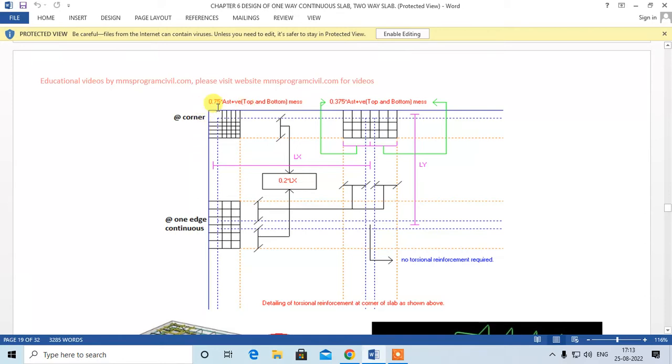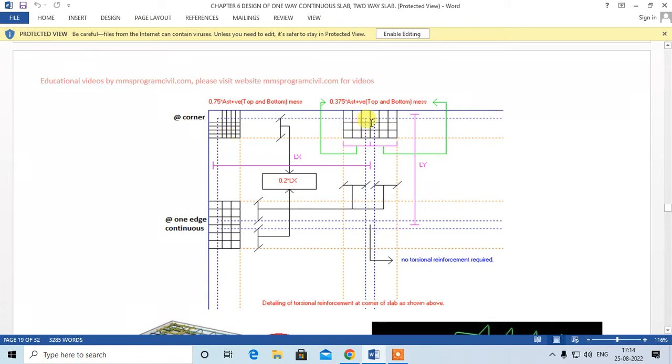At the corners where the two adjacent edges are discontinuous, you will provide 0.75 times the Ast x positive maximum. So the maximum will still be along the shorter direction, so you have to provide at least 75 percent of this steel. That is, you have to provide a mesh in both directions, and that also at the top and bottom of the slab.